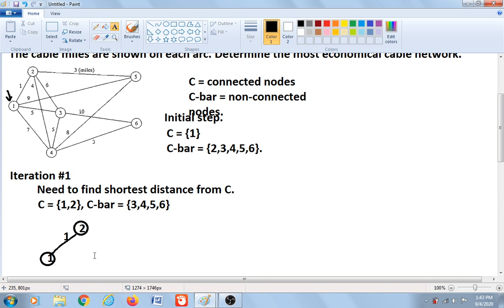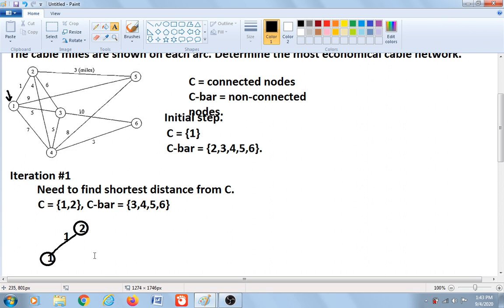Now we have to repeat this iteration until all nodes are in C and there is no node in C bar, that means until we connect directly and indirectly all nodes.